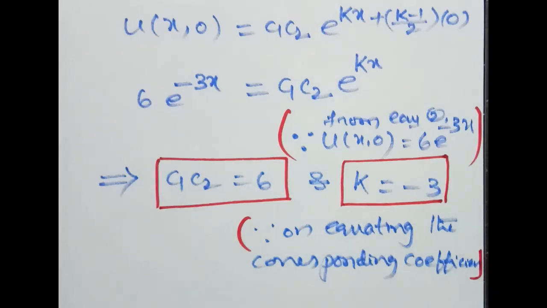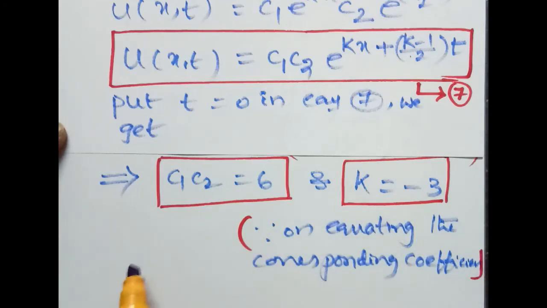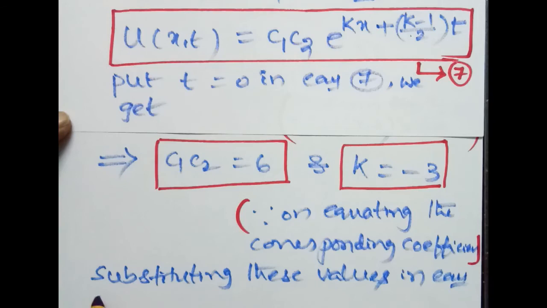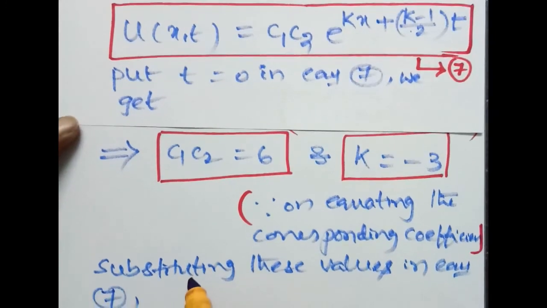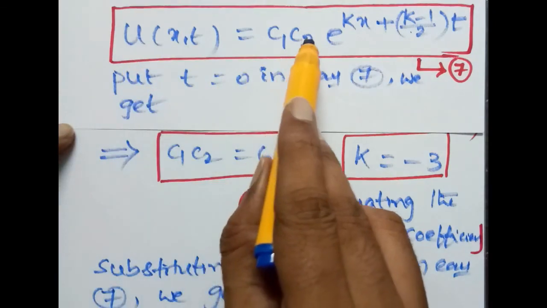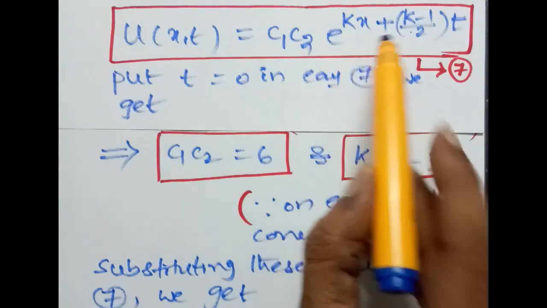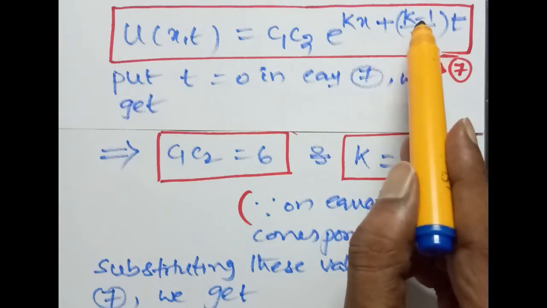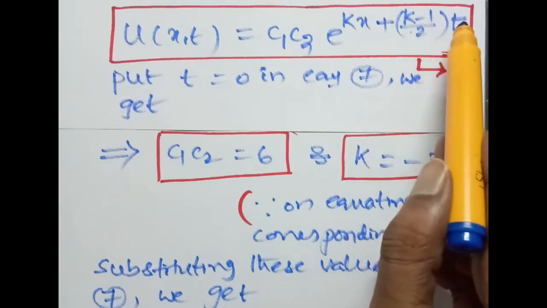Therefore, now substituting these values in equation number 7, we get, now here c1 c2 is equal to 6, e to the power of k value, that is equal to minus 3x plus (minus 3 minus 1) by 2, that is minus 4 by 2, that is equal to minus 2 into t.